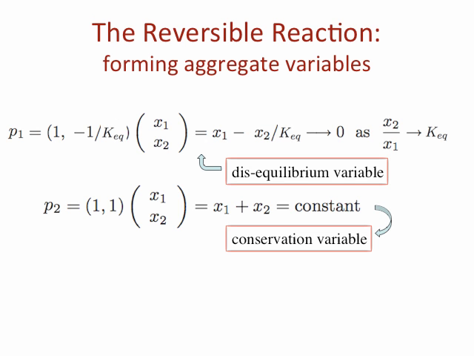The second pool I am going to pick here is x1 plus x2. And that is formed simply by placing a row in the pooling matrix of 1, 1. And when I multiply a row vector of 1, 1 times the concentration vector, I get x1 plus x2.